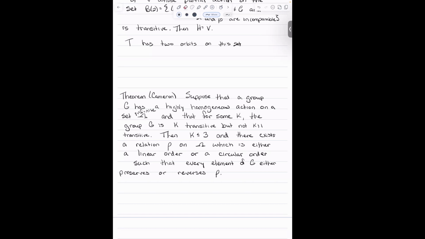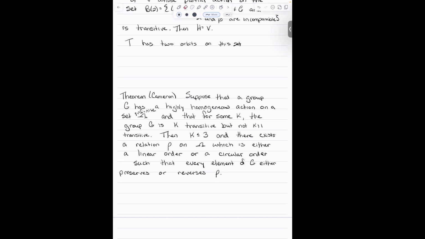And remember that T is our fundamental example of a group that sits inside V but preserves a circular order, right? This is one way to spot T in the wild: to be looking for circular orders that are getting preserved.